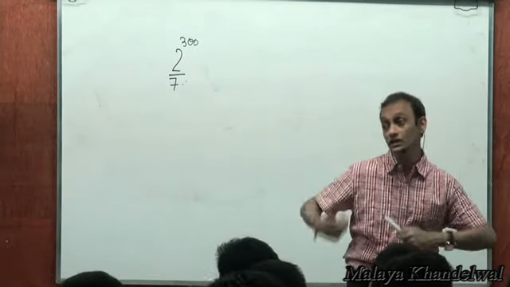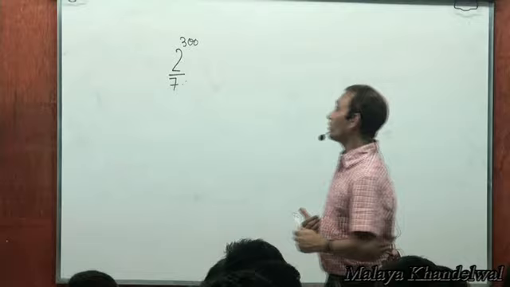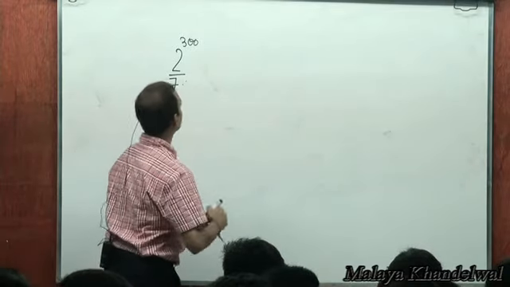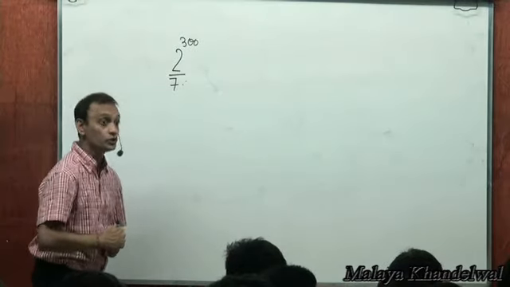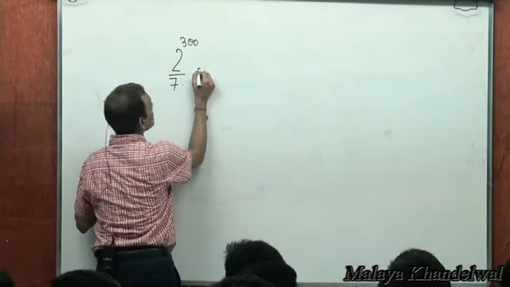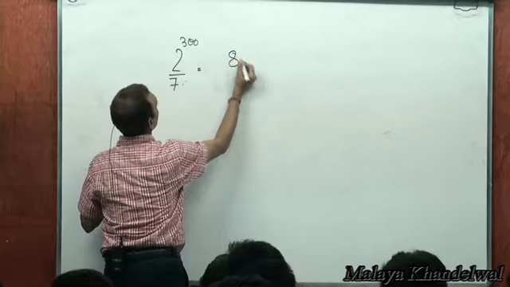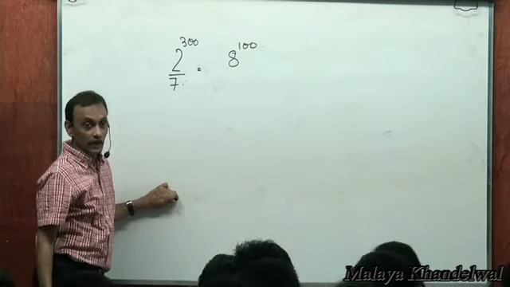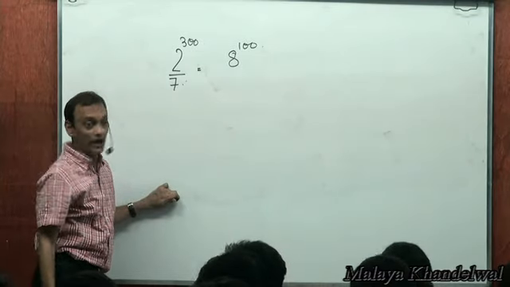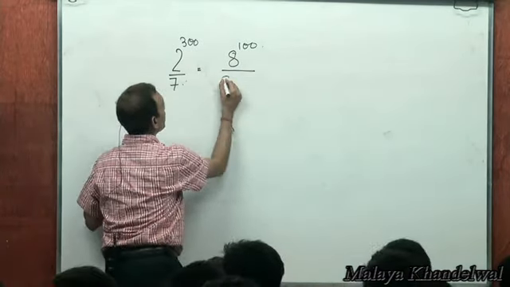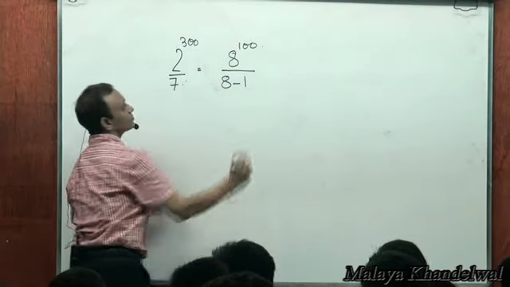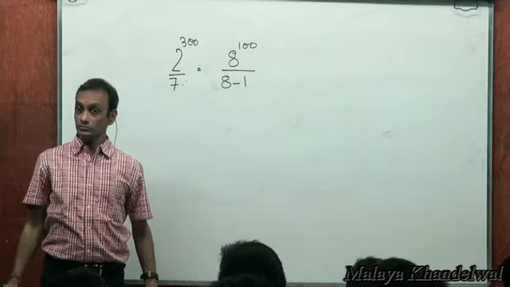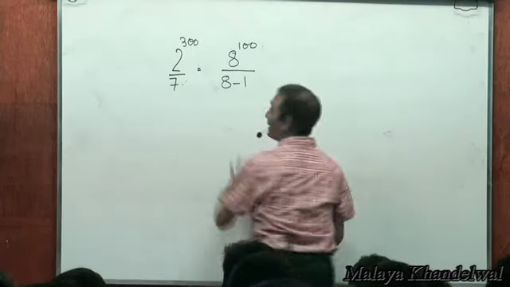What I do is write this as 8 to the power 100 divided by 8 minus 1. Yes or no? I want to find the remainder of this division.